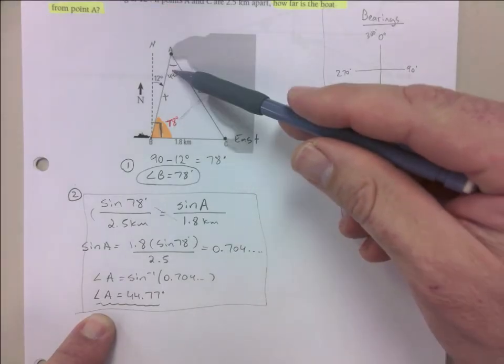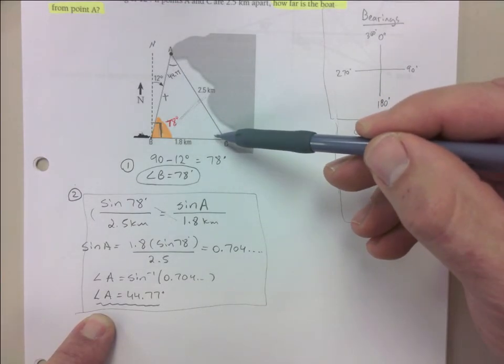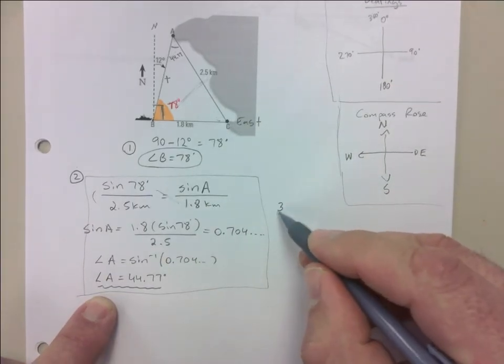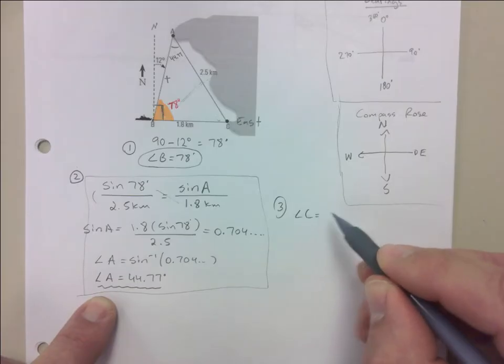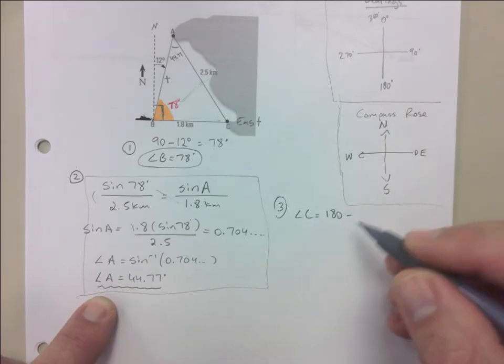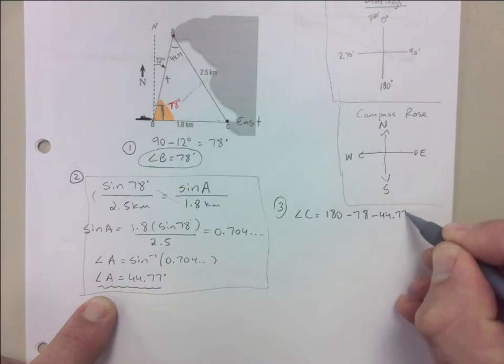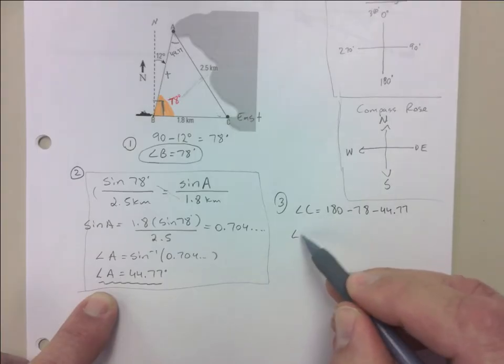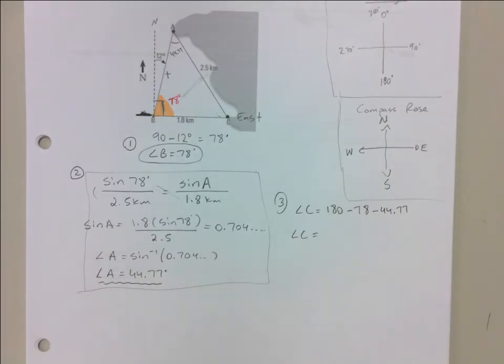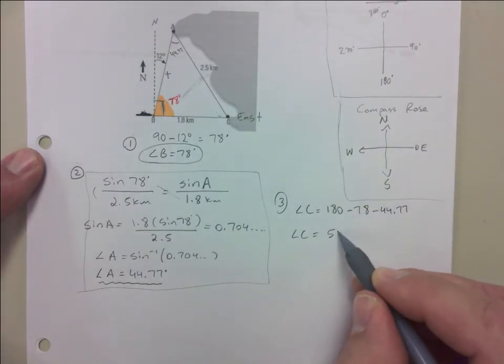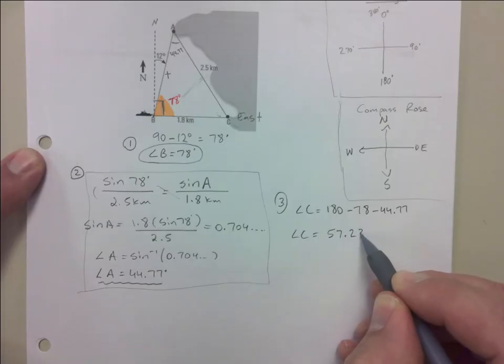And now that we know two, we can find the third one right here. So let's do that next. This is my third step. Angle C is 180 minus 78 minus 44.77. That's 57.23.